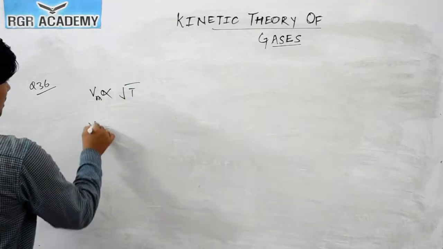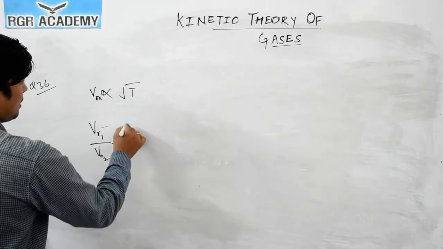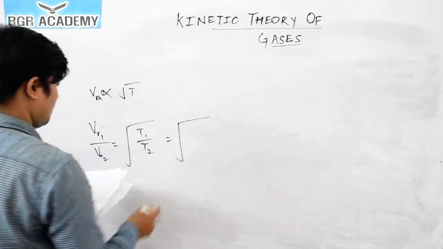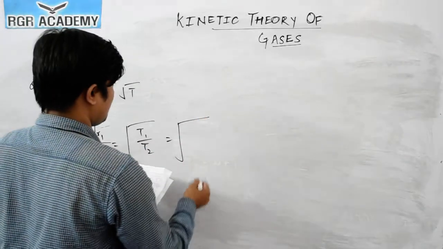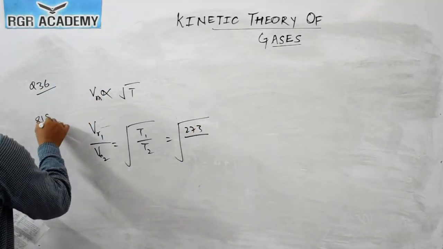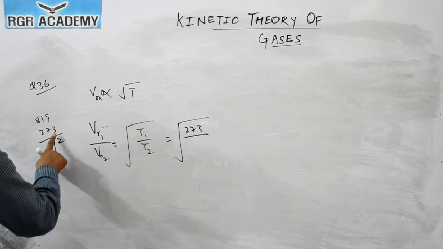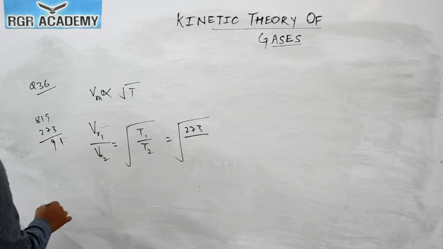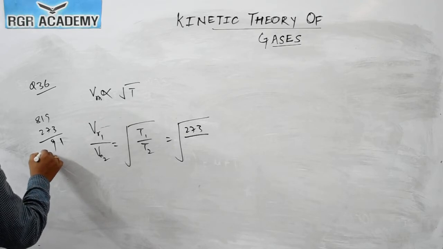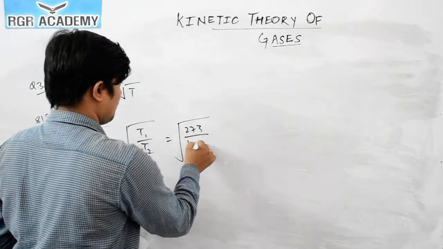Okay. So we can say that V RMS 1 by V RMS 2 will be equal to under root of T1 by T2. Okay. So that we can write as under root of initial temperature, 0 degree Celsius means 273, divided by 819 plus 273, that is equal to 1092.